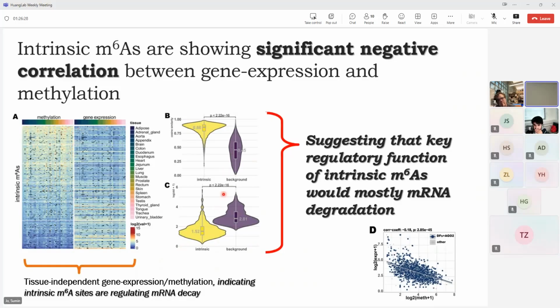So there are tissue-independent gene expression and methylation that are significantly consistent, but also significantly negatively correlated with each other, suggesting that the key regulatory function of intrinsic M6A sites could be mostly mRNA degradation.